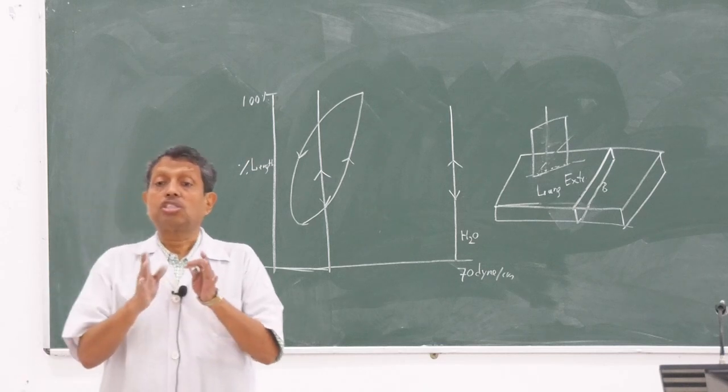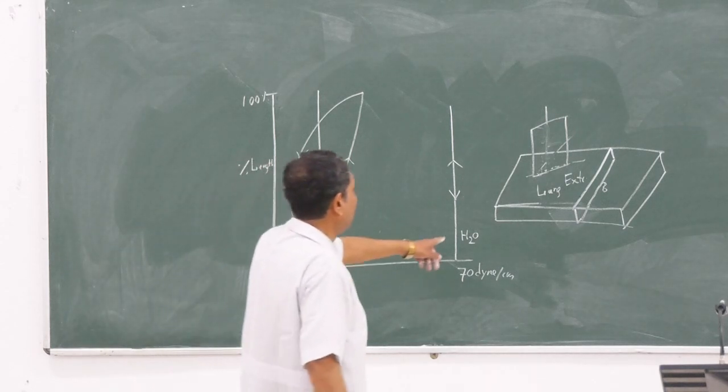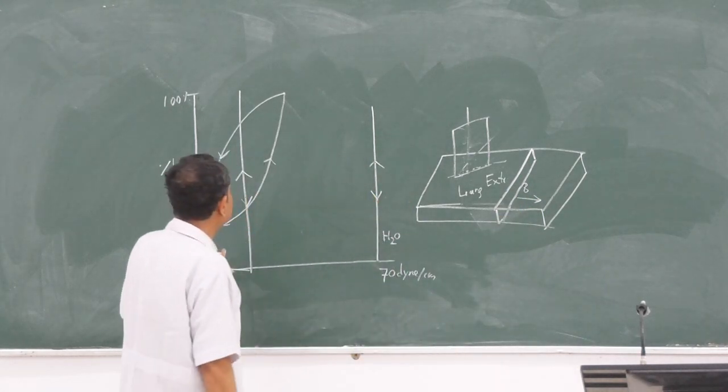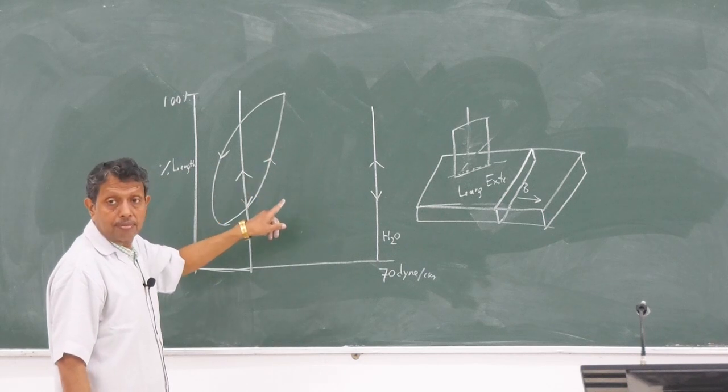So whenever there is less concentration of molecules, when you move in this direction, then in this figure there is an increase in the length.